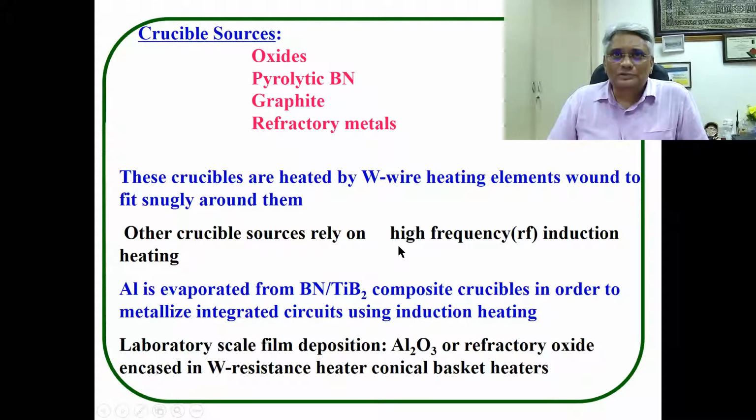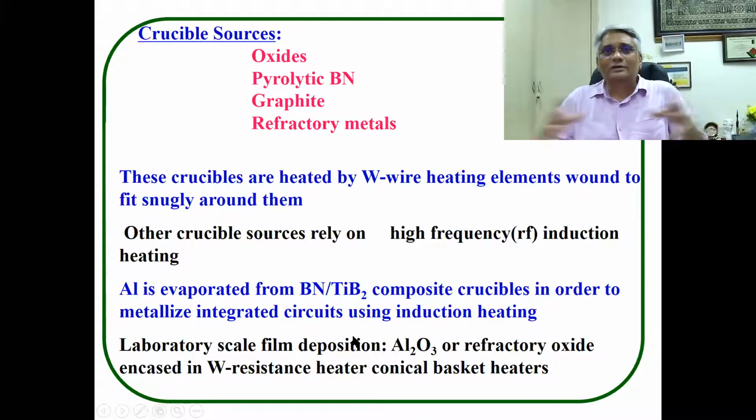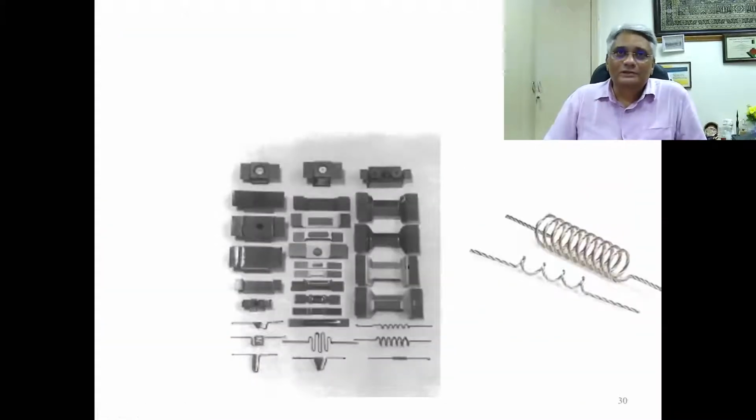Other crucible sources rely on radio frequency induction heating, which is possible, right? And for laboratory scale film deposition of, say, aluminum oxide or refractory oxides, encased in a tungsten resistant heater, conical baskets are also used. You'll understand better if you look at this.